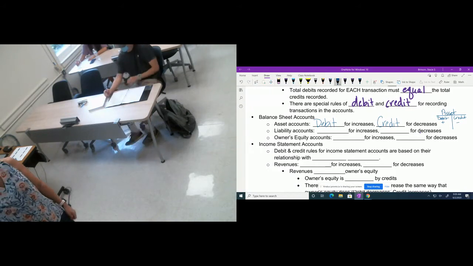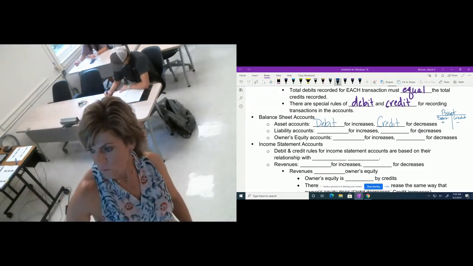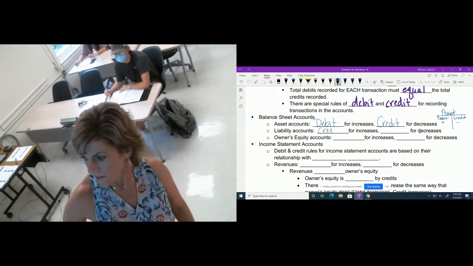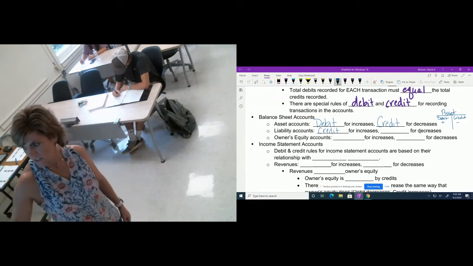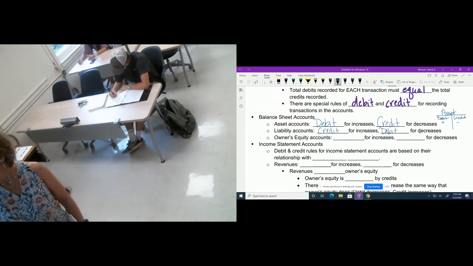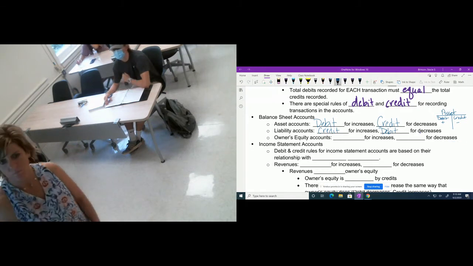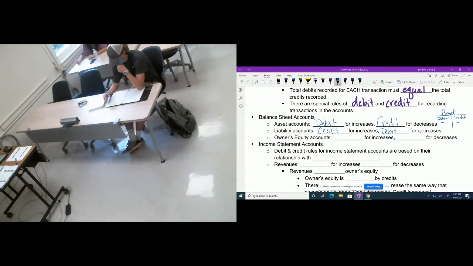All right, liability accounts, remember they're on the other side of the equation, so you will credit liabilities to increase them. You will debit them to decrease them. So, we'll put it right here because they're about the same. Your liabilities and your owner's equity will be the same, but we'll just put liabilities here.